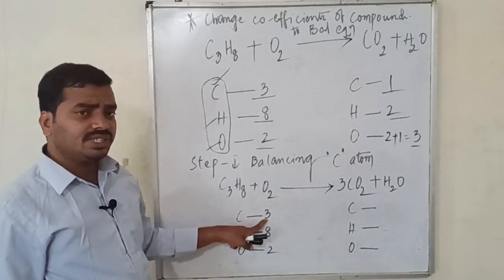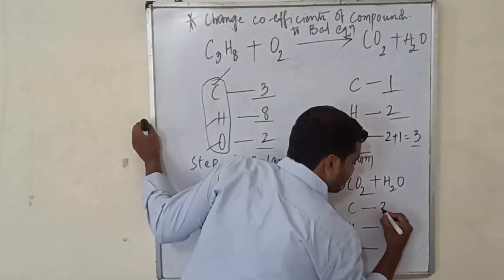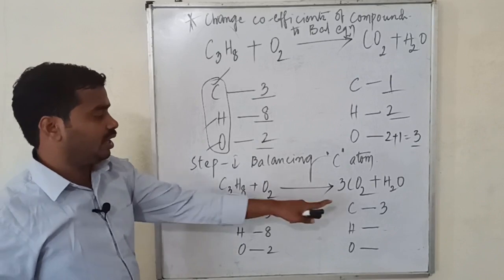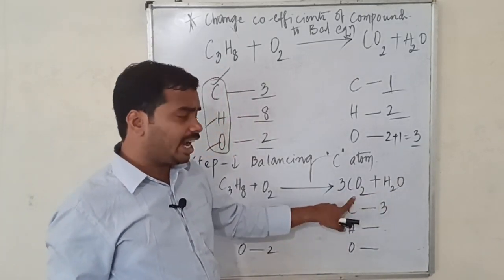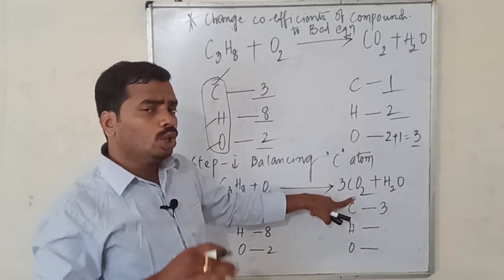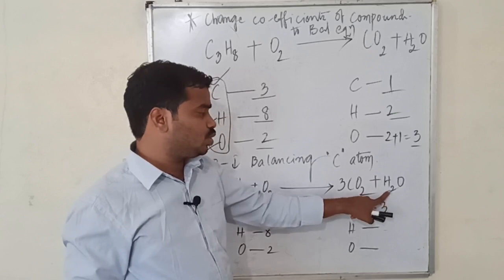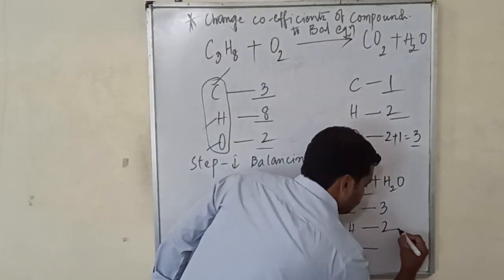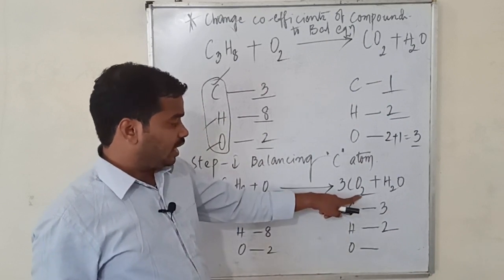So here the carbons are 3. 1 into 3, the number of carbon atoms would be 3. Next, hydrogens. Is there any change with the hydrogen? Is there any hydrogen in this carbon dioxide molecule? No, there is no hydrogen in this carbon dioxide molecule. So I am going to consider this 2 ones are 2. That's all. Next, come here to the oxygen. If you see, there is some alteration.